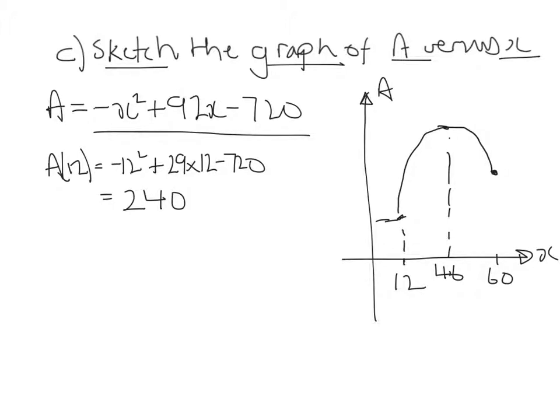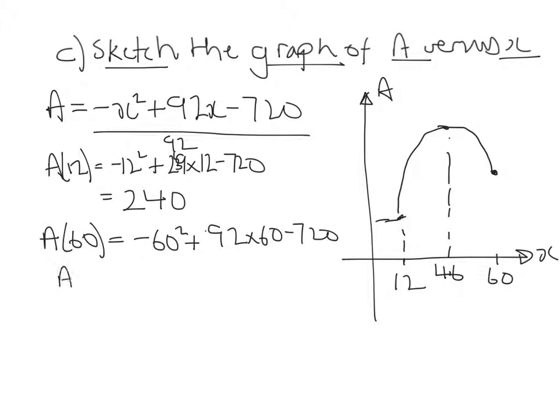So the area of the whole thing when x is equal to 12 is 240. Now what if we put in x equals 60, which is the biggest value x could possibly be? That'll be minus 60 squared plus 92 times 60 minus 720.